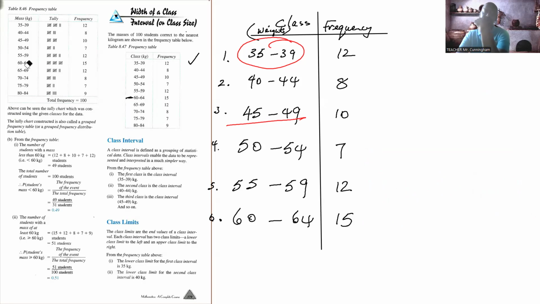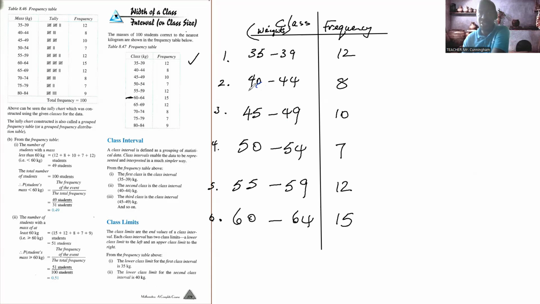Your boundary represents how low or how high you could go. We're going beyond the limit, but I'll show you how to quickly calculate your class boundary. A boundary is how low you could go or how high you could go.